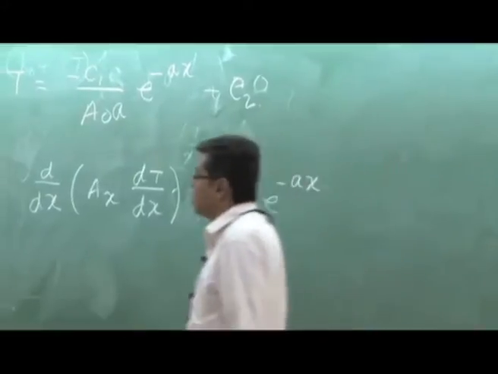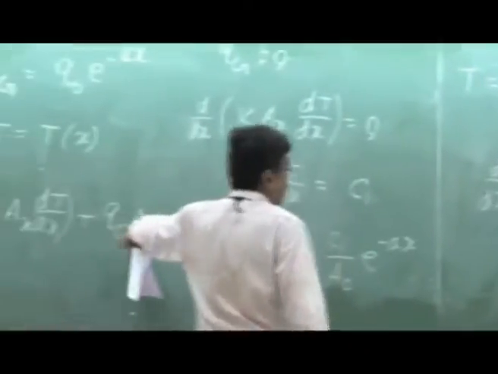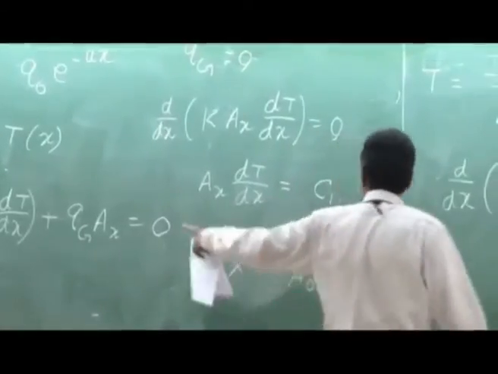Qx is Q0 e to the power minus Ax into Ax.